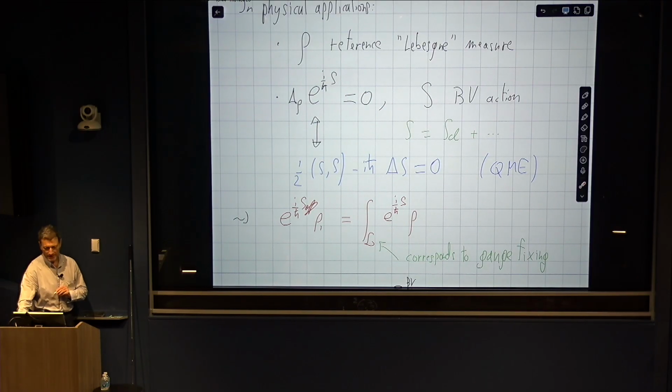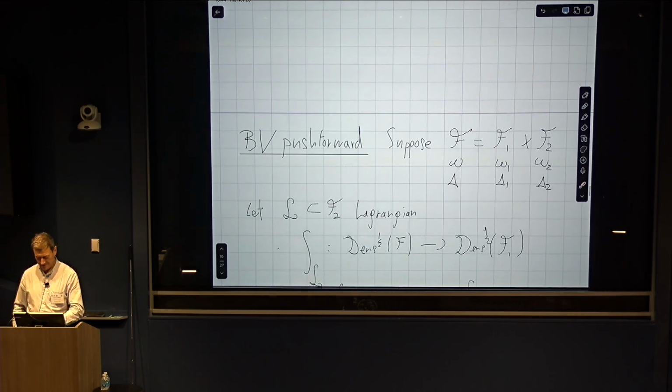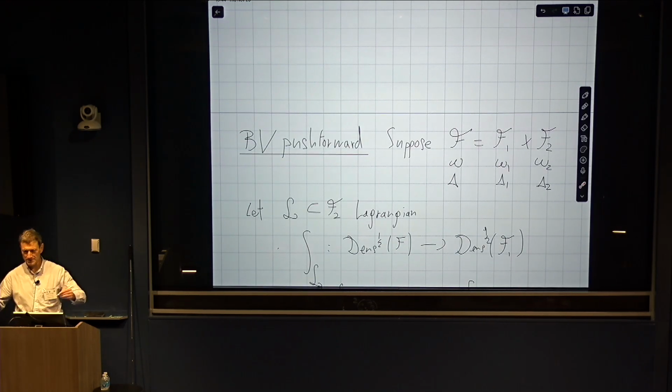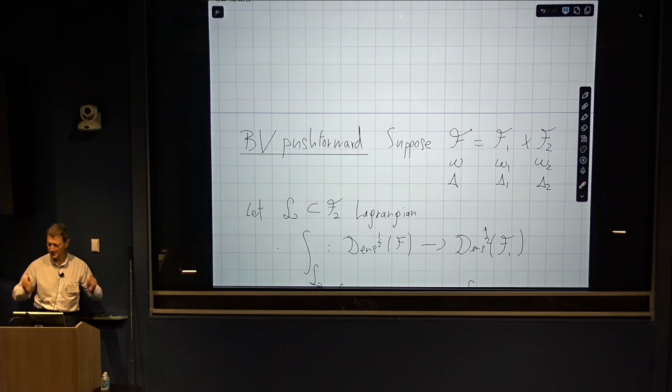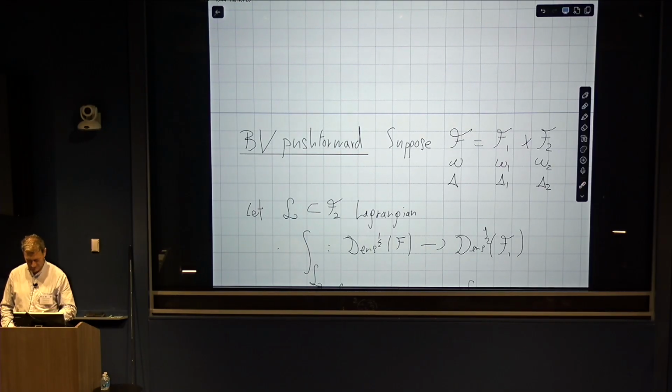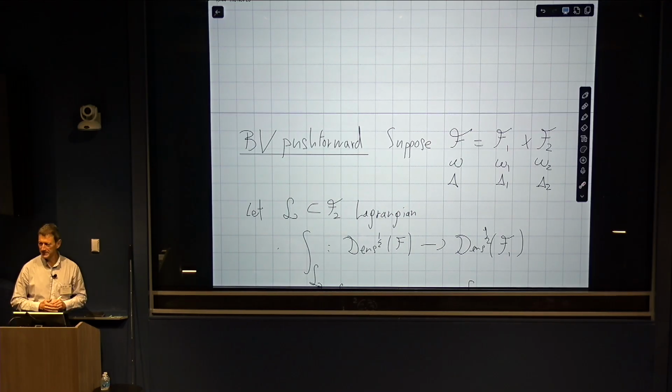Now, the naming comes from a very simple, well, not so simple, but an obvious application of this: splitting the original space of fields into infrared and ultraviolet components. Suppose you work, say, on R^n, and you just take Fourier expansions, and in BV theory, the idea is that you can integrate out the ultraviolet fields to get an effective theory on the infrared fields.